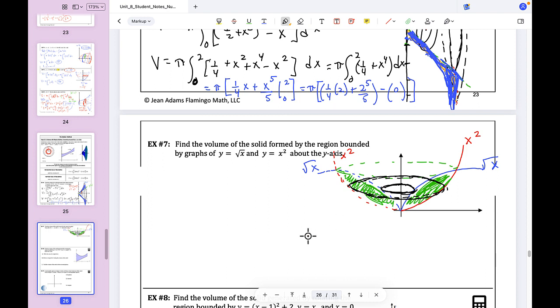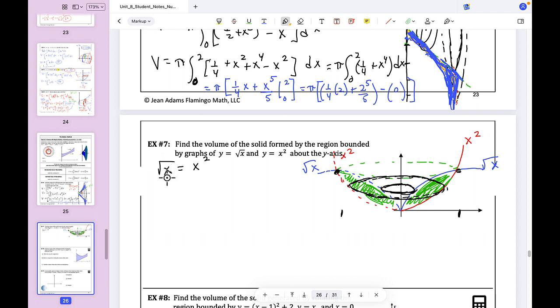Okay, so the first thing I have to do is find out the upper and lower bounds for my integration. That means I need to find out where they're going to intersect, because we're going from here to here, whatever those points are. So the square root of x is equal to x squared.